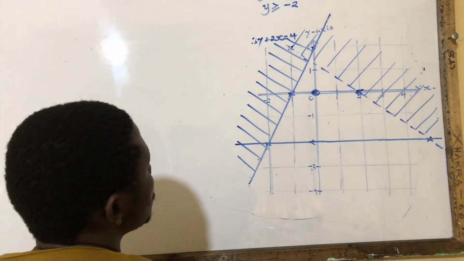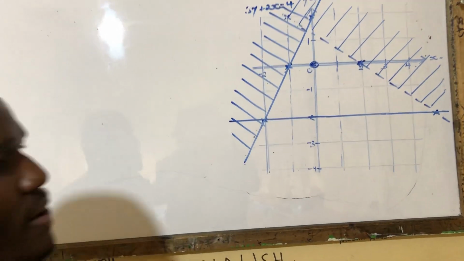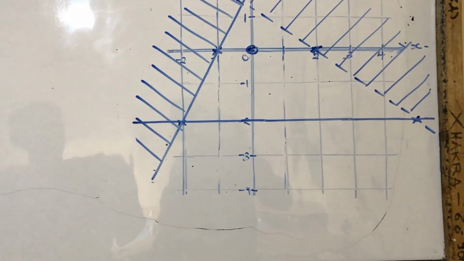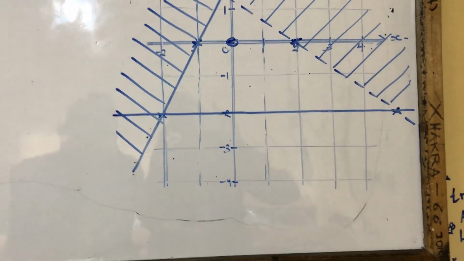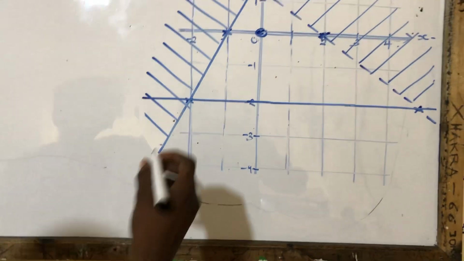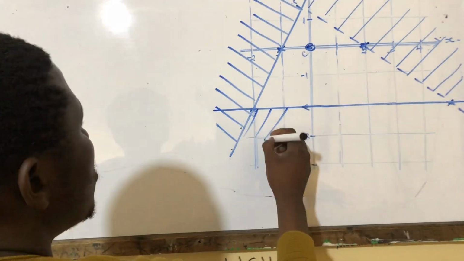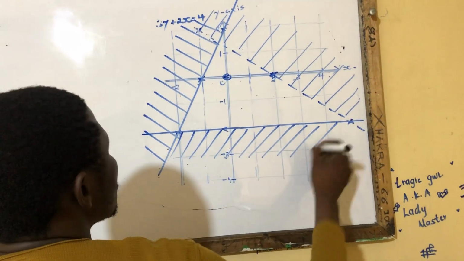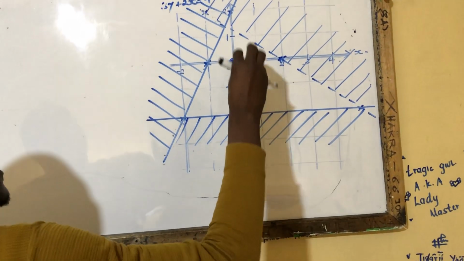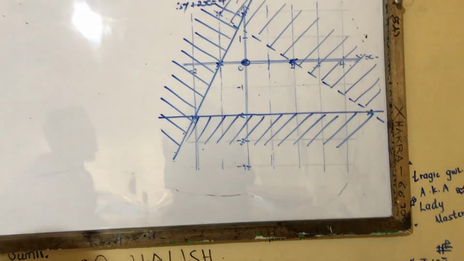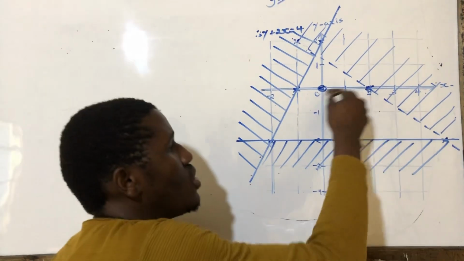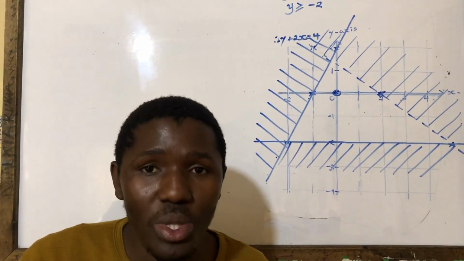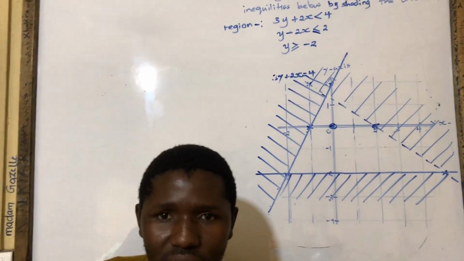So the region below the line will be considered to be unwanted because it does not satisfy the inequality. So this becomes the common region. The common region is this region left unshaded. I hope you understood that one. Do more practice. Have a nice time.